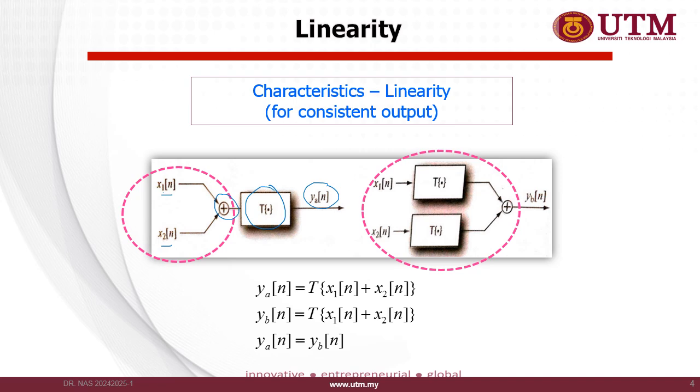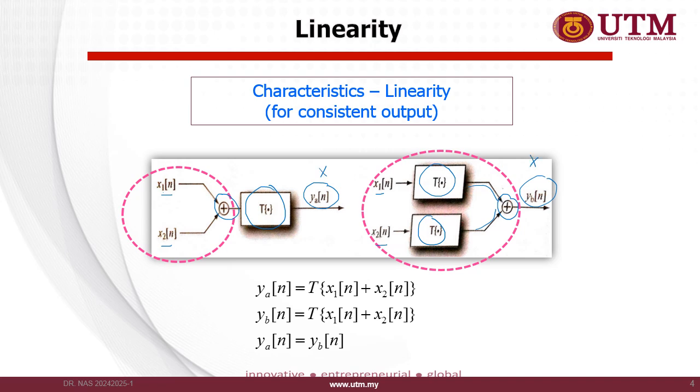In the second system, you have both x1 and x2 again as the input, but each of the signals x1 and x2 is processed individually, and then both are added at the end and the output YB is produced. Then YA and YB will be compared.